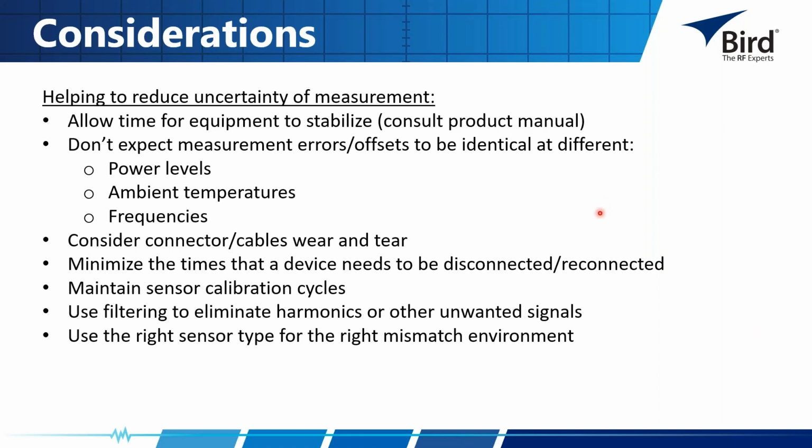Another big one is don't always expect the different measurement errors and offsets to be identical at different power levels or ambient temperatures or frequencies. And this comes back to the idea of the VSWR or mismatch of these different devices as they're heating up and cooling down, whether it's due to power levels or ambient temperature effects. There's going to be different movement happening, and that's pushing it further towards its maximum rated values for those pieces.